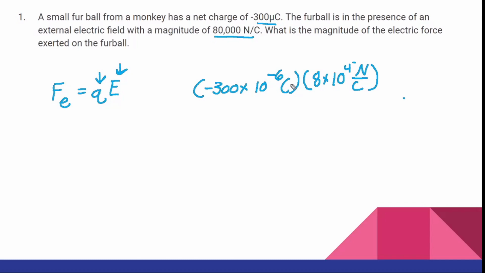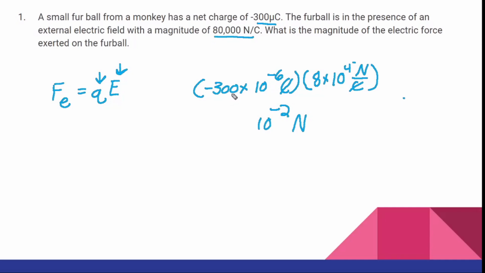All right, since we're multiplying these, we are going to add the exponents for our tens, so we will end up with 10 to the negative 2. We know that we have coulombs in our numerator and the denominator, so these are going to cancel, and our units are going to be left in newtons.